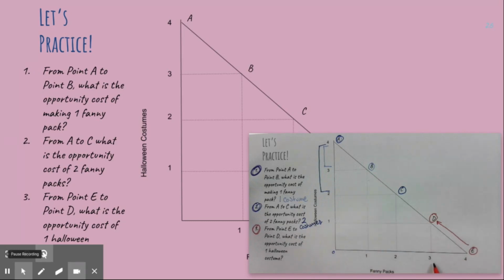I had to give up 4 minus 3 is 1 fanny pack. So over here, the answer is 1 fanny pack, and I have to label my answer. So the opportunity cost, what I had to give up to make 1 Halloween costume, was 1 fanny pack because I don't have enough resources to do both. All right, we're going to move on to the next problem in just a second.